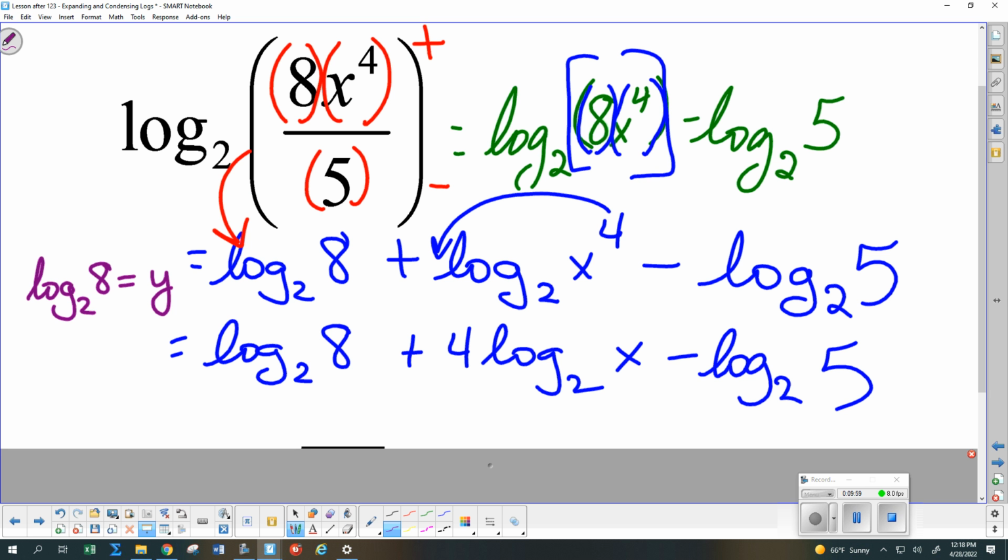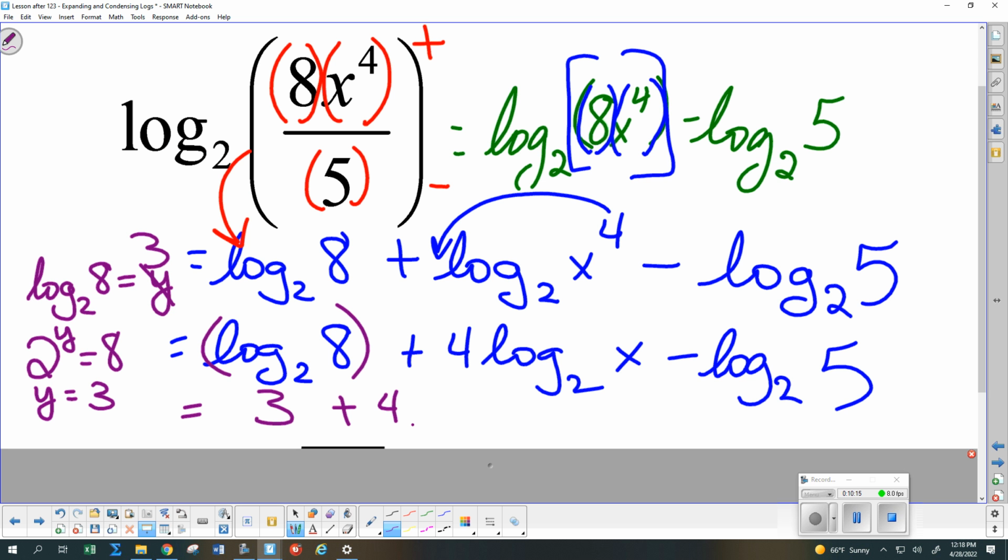Ada? y. This would be 2 to the y is 8. So y would have to be 3, but y was just a name I made up so I could simplify it. I could say this is 3 plus 4 log base 2 of x minus log base 2 of 5. Anybody with a question there?